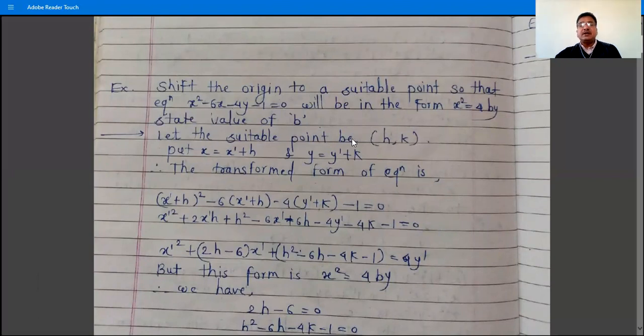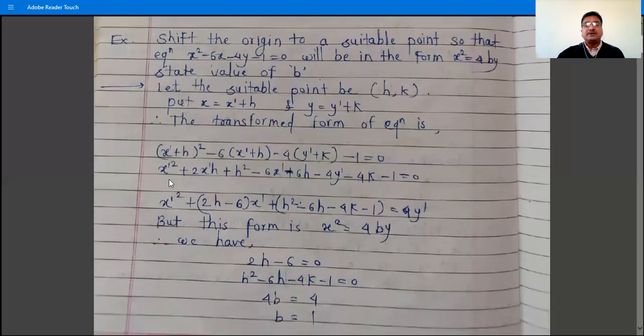Now we have to find the values of h and k. If we shift the origin to the new point (h, k), then the transformation equations are x = x' + h, y = y' + k. Therefore, the transformed form of the given equation is obtained by substituting x as x' + h, y as y' + k. So we have this equation.